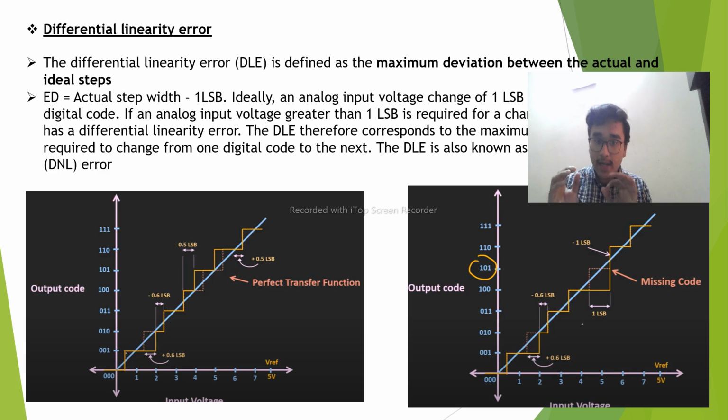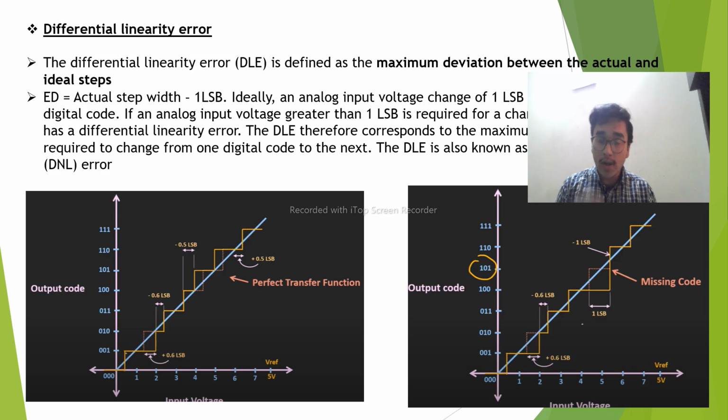But once we have a look at the right diagram here, if the difference is zero, let me take an example. Let me take that the ideal LSB is 1 and the actual LSB is 1.5. So we do the subtraction, actual minus ideal, right? We get the result as 0.5 in the example which I have taken.